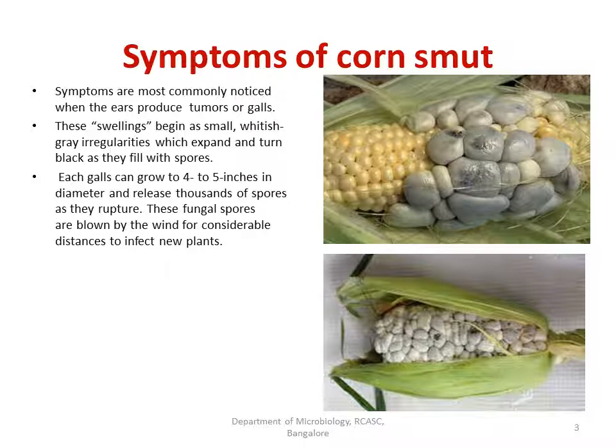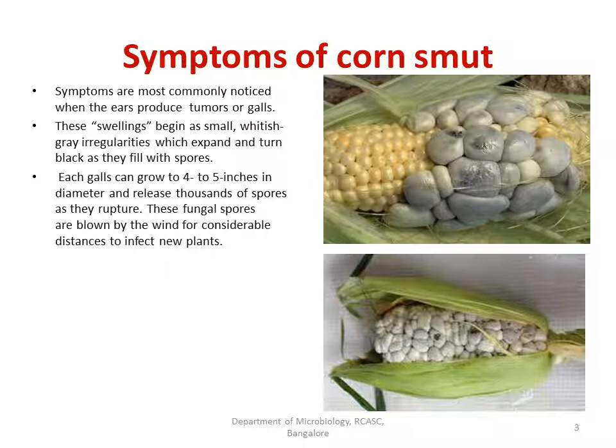You can see in this image the size of the normal corn grain compared to that of an infected corn. The infected corn size will be comparatively more than that of a normal one, and if you see the color, they are blackish. That is due to the production of spores inside them.